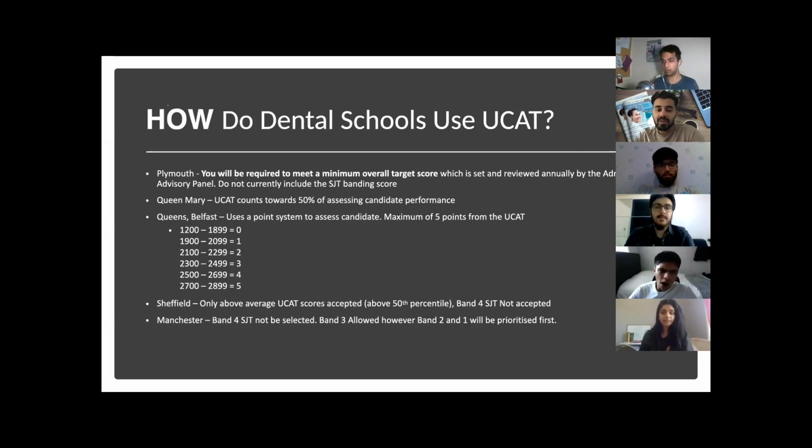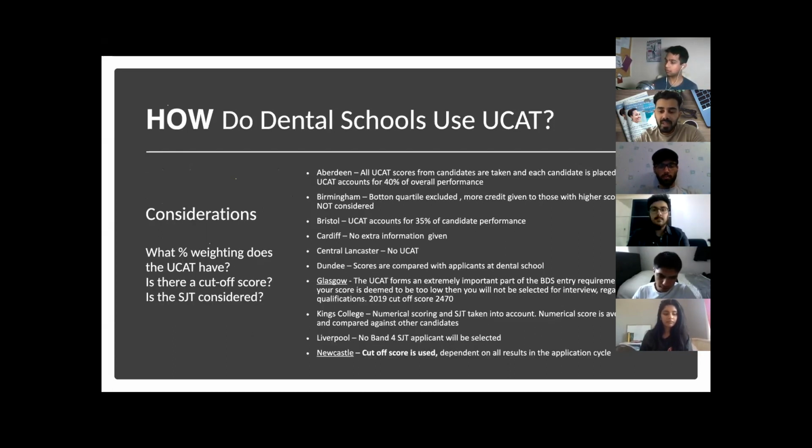So, for instance, Manchester do not consider individuals who have attained a band 4 in the SJT. So this reinforces the importance, and also the weight and the value that a good UCAT score can have for your application to dental school or even medical school.